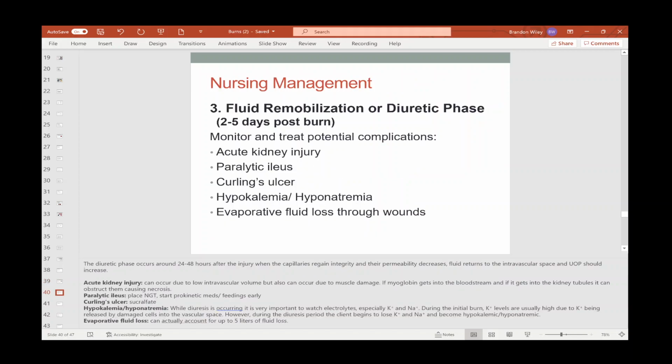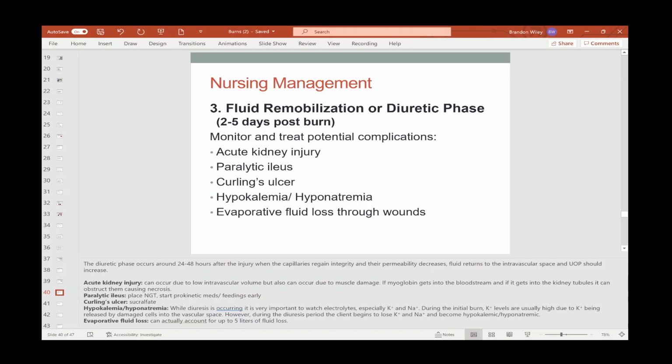These are some of your complications. What have we told you about complications? You need to know your complications. Okay? So burn complications, when they start, when all that diuretic phase kicks in and we're starting to then transfer fluids around again, these are some of the things that you may see.